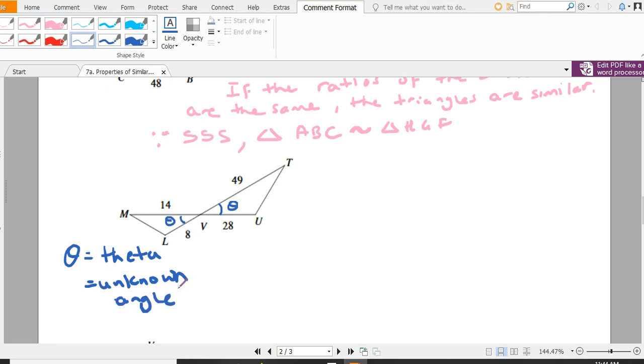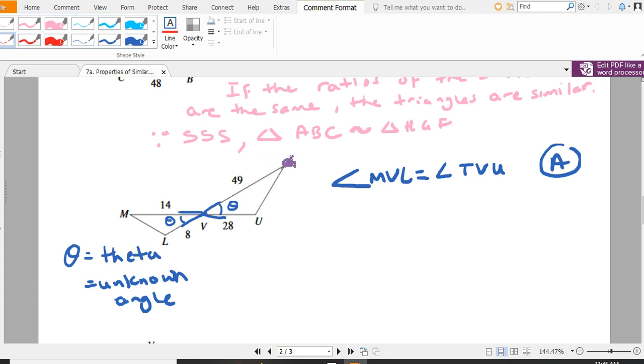That's all. So in this case, we know that angle MVL is the same as angle TVU. So here's an angle that's the same. Now let's look at the ratio of the two sides that are given.